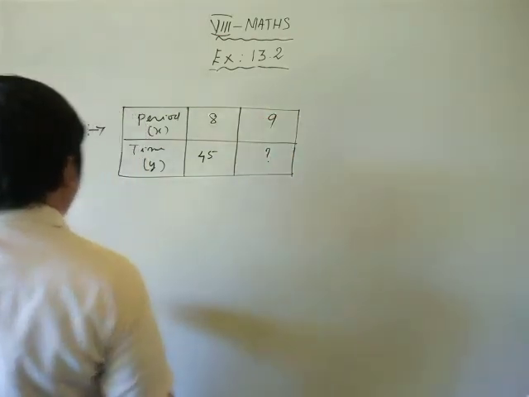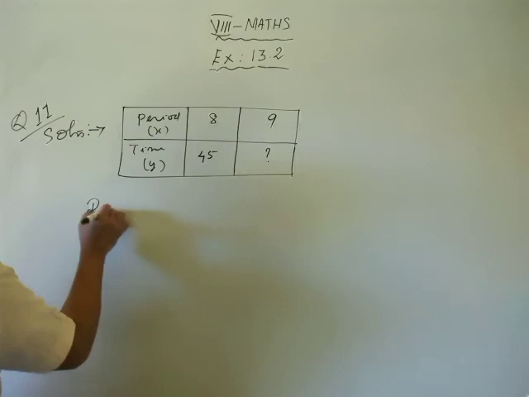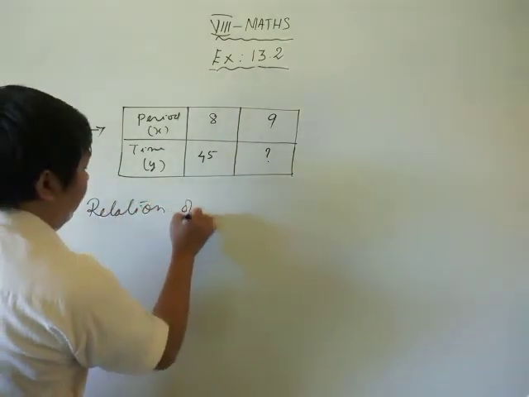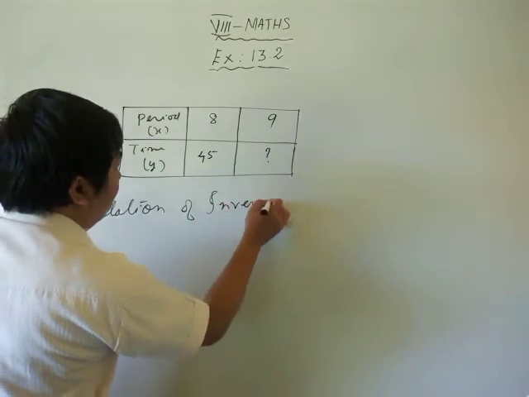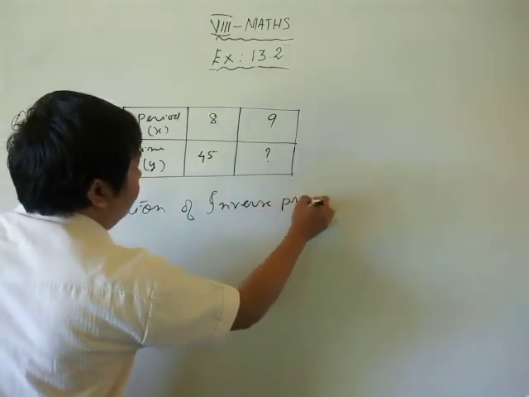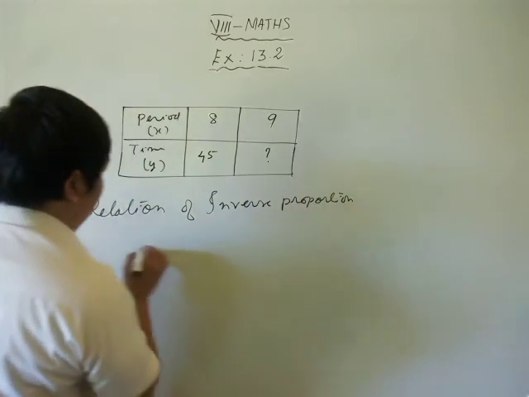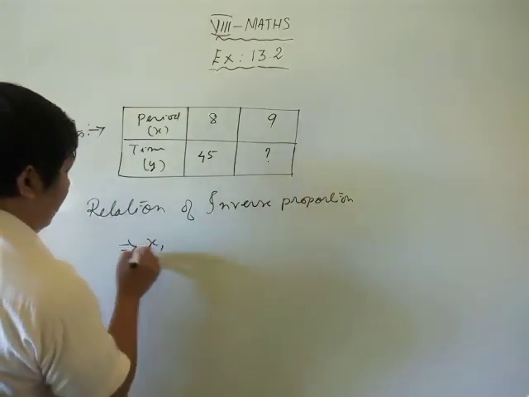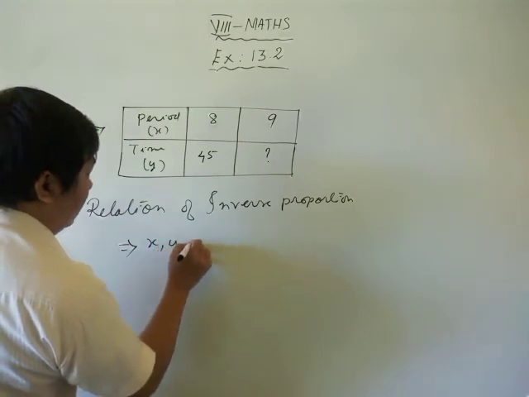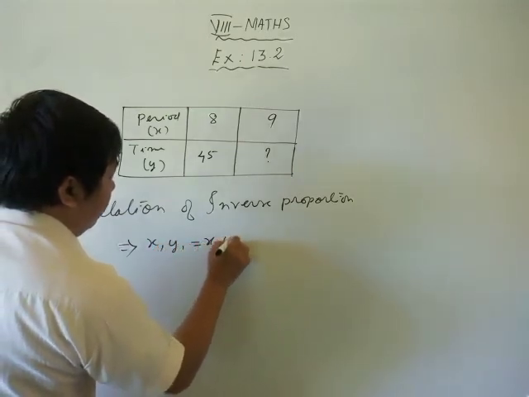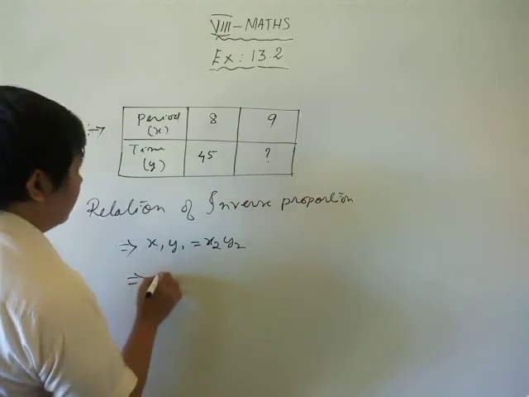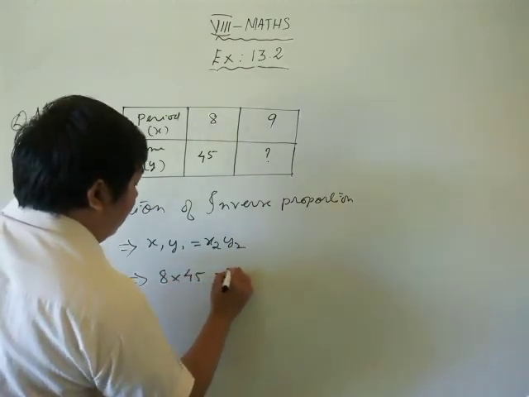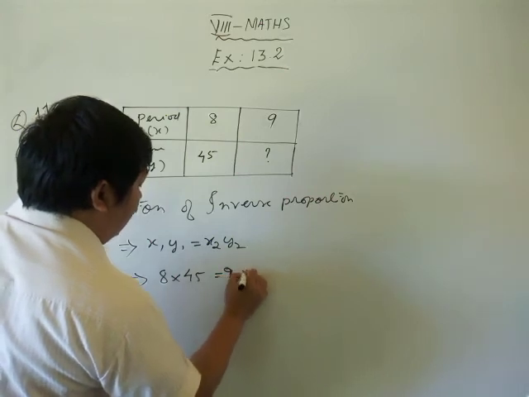So we have the relation of inverse proportion, that is x1 y1 equal to x2 y2, which implies 8 into 45 equal to 9 into y2.